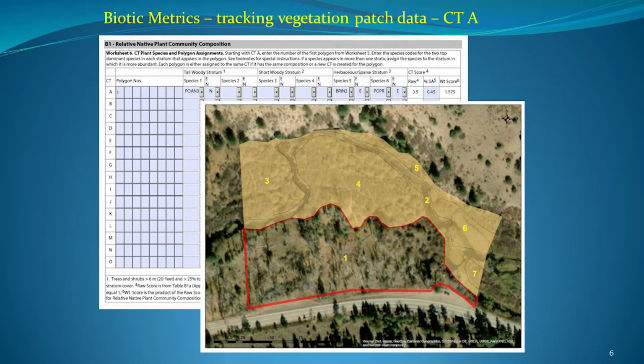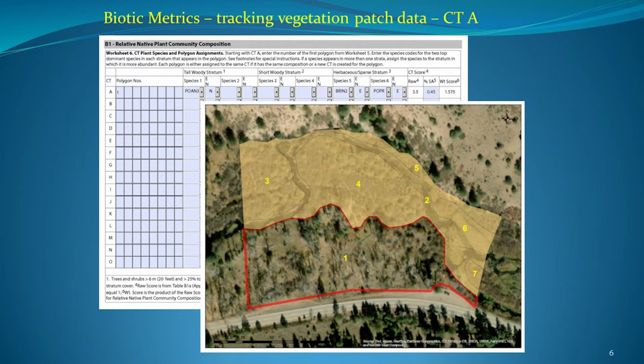So once you've got your species filled in, and whether they're native or exotic, then you have the third column from the end, under the CT score, you'll see that it says raw. The raw CT score is assigned based on whether you decided those plants were native or exotic.